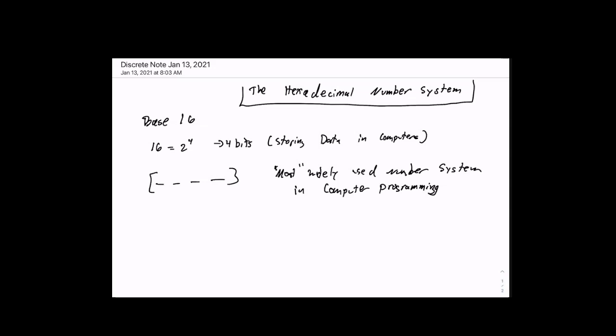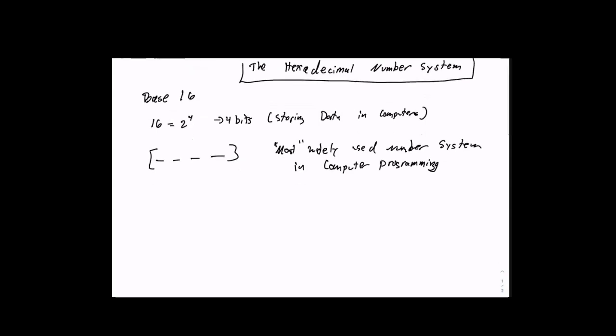It's all about 16-bit, and of course we know the premise is using the numbers. We have 16 to the 0, which is 1. We have 16 to the 1, which is 16.